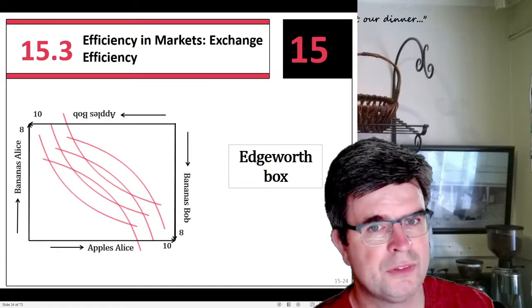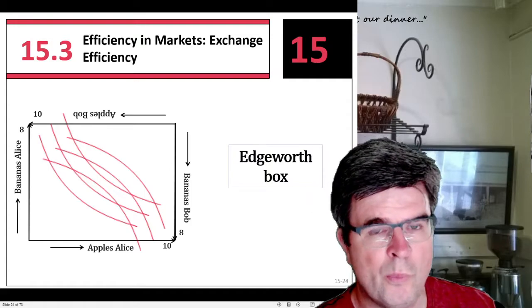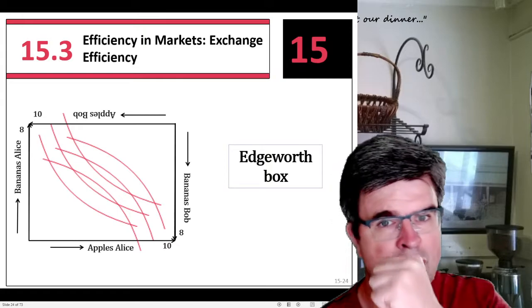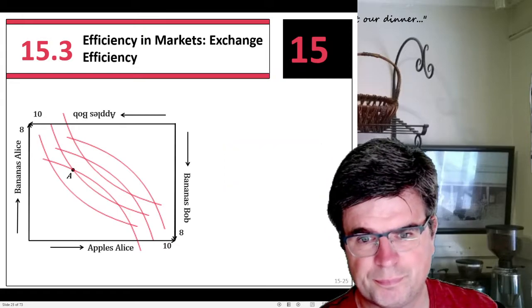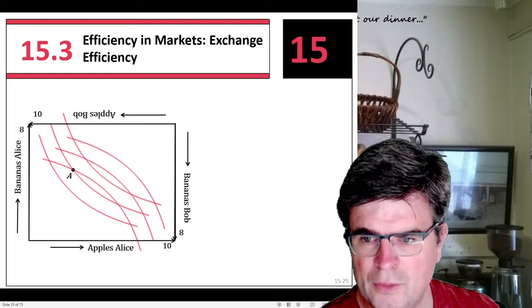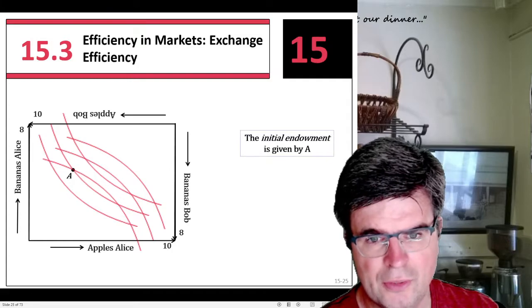And that allows us, together with the indifference curves that are shown, to say which of these allocations, which of the dots, are Pareto efficient. So for example, if we take the point A, this is the initial allocation.